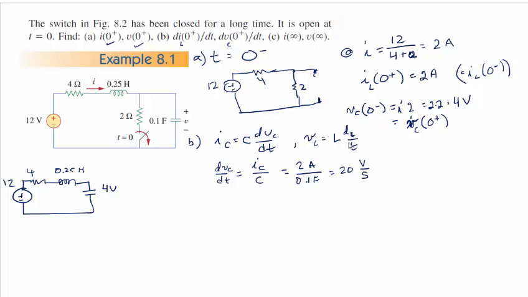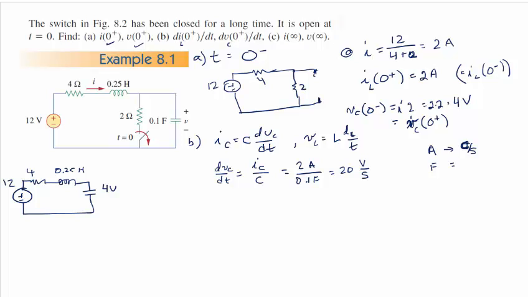An amp is a coulomb per second. And a farad is a coulomb per volt.